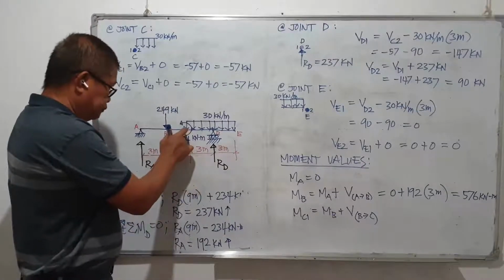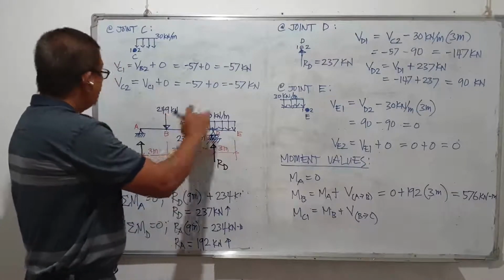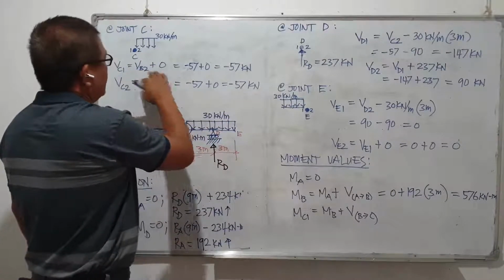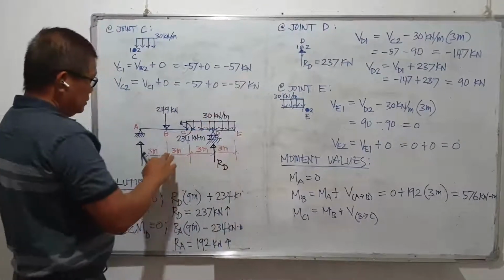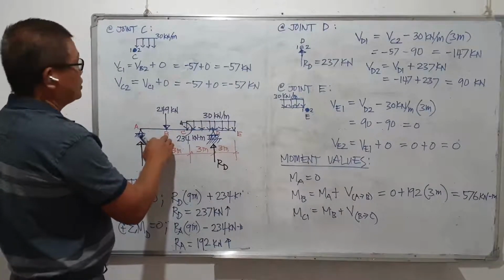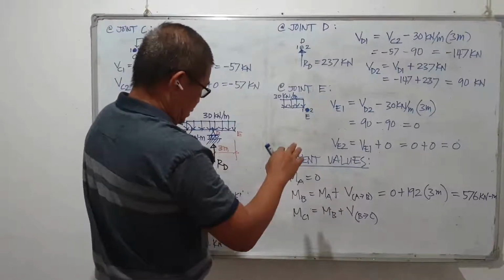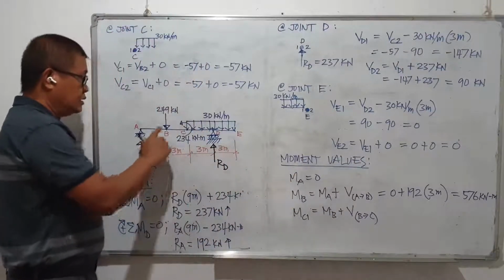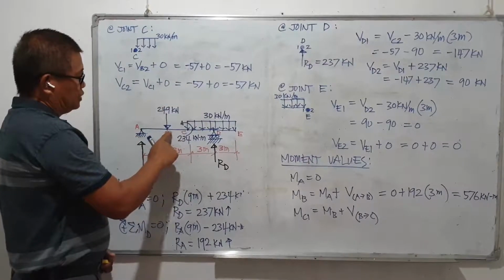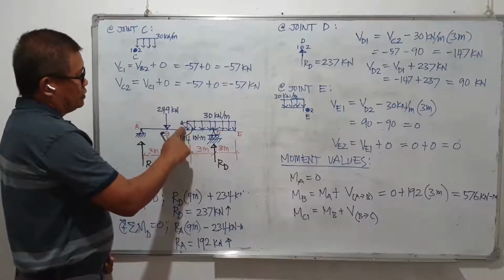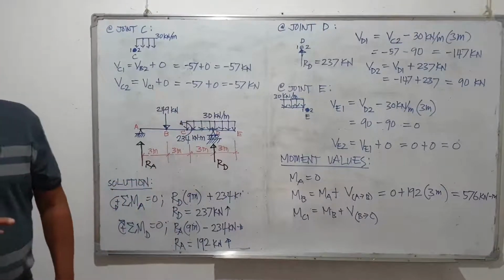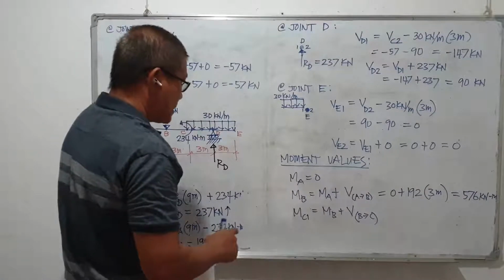If we look at the previous computation for the shear at C, which is negative 57, that negative 57 starts from point B, because the shear a little to the right of point B is also negative 57. So it is a uniform shear equal to negative 57.